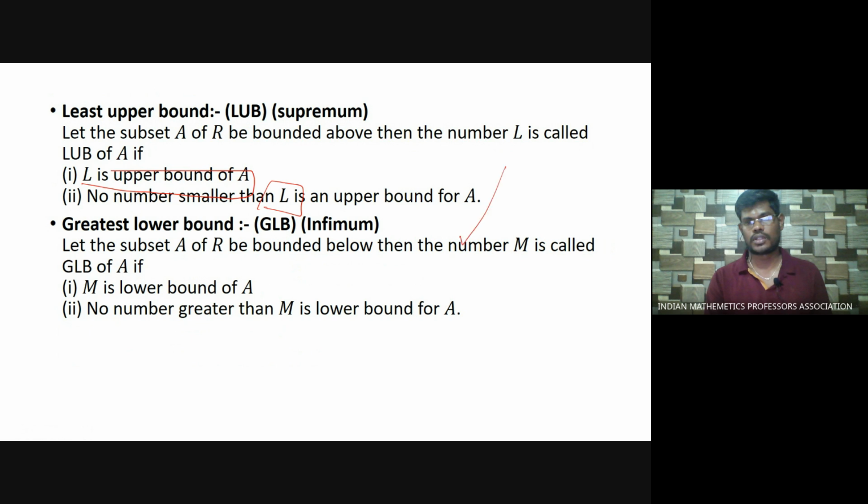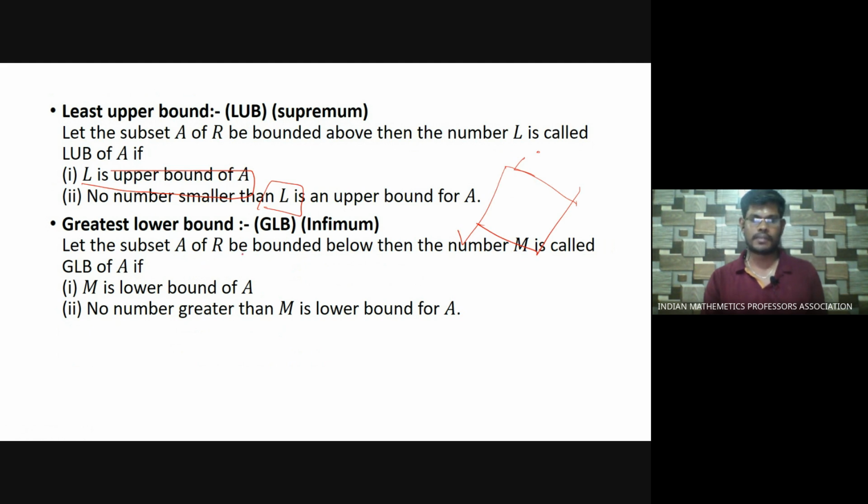That is the water tank story. Suppose L is an upper bound, then there is no smaller upper bound than L. That's why this is a least upper bound or supremum.